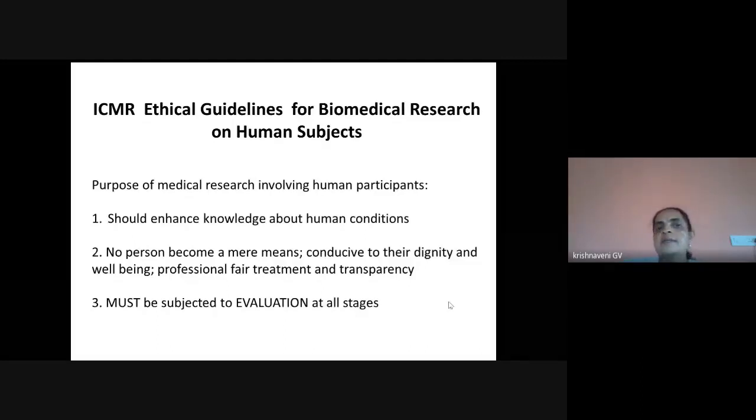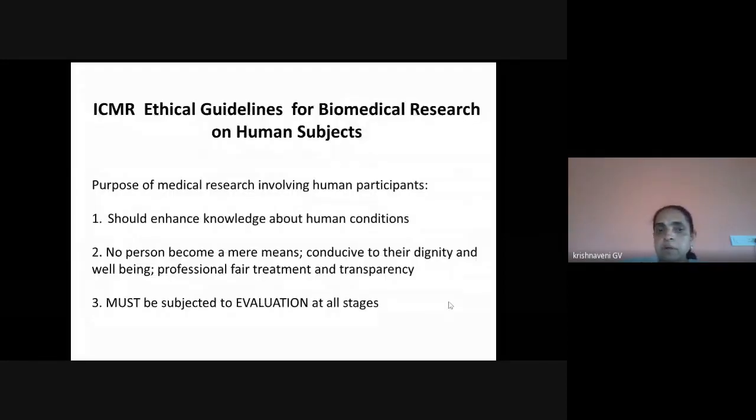The first ICMR ethical guidelines document was released in 1980, and it has been revised several times, even as late as 2017. So this is a very comprehensive guide to the researchers as to their responsibilities when they start a research, to maintain the highest ethical code of conduct.